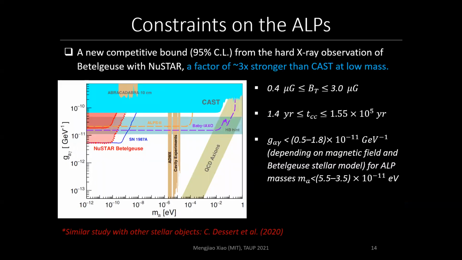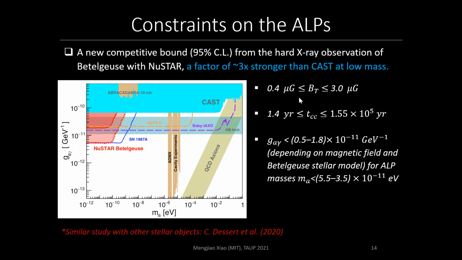Here are our final results overlaid with the ones from other experiments. The region labeled in red and above is excluded by this work. The width of the red band reflects the uncertainty due to the choice of stellar model and magnetic field.